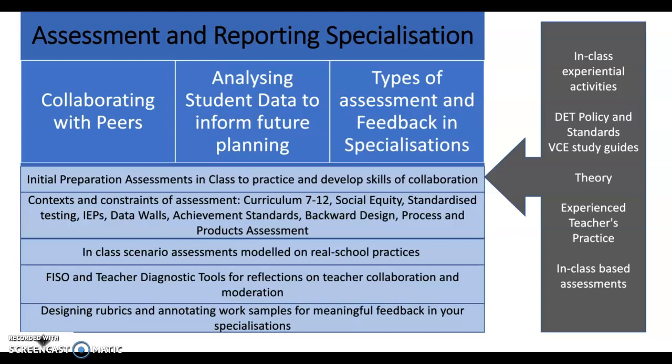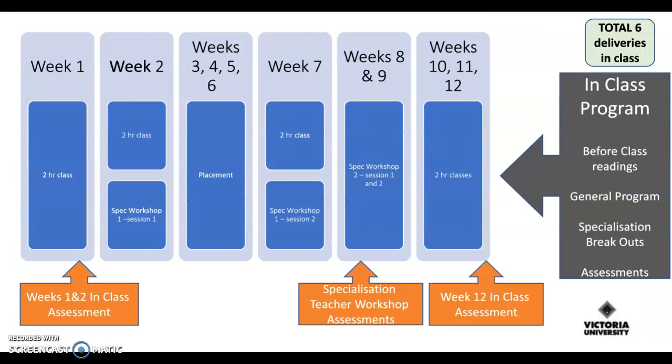So you look at how you can assess the process of thinking and learning in your specialisation, with the idea that you want to improve student learning outcomes for the standardised testing in specialisations. We're looking for the meaning behind data. What does student data mean?